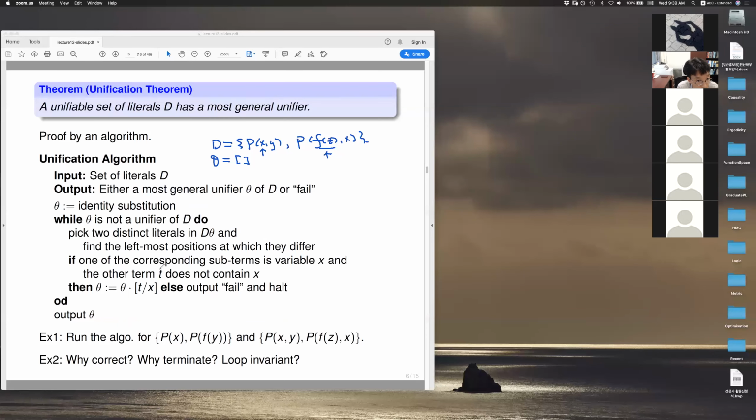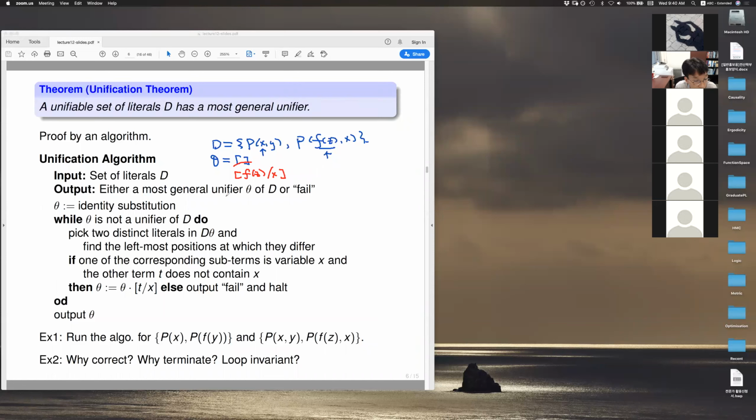So that's a good case because one is a variable, the other is a term which doesn't contain that variable. So we go to the true branch, and now our substitution, instead of empty, is x replaced by f of z.